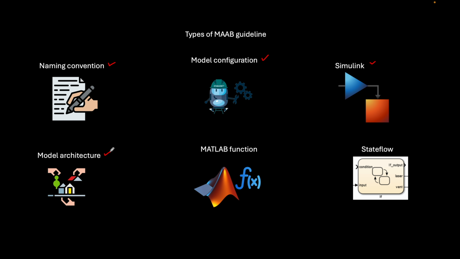If you are going for the 4th level, then you need to create some super chart or subchart, group subchart, in the same model. So such type of things will be there in this particular chapter, and also how you can integrate Simulink and MATLAB together, and also how you can integrate Stateflow and Simulink blocks together. All those things will be mentioned in this model architecture part.